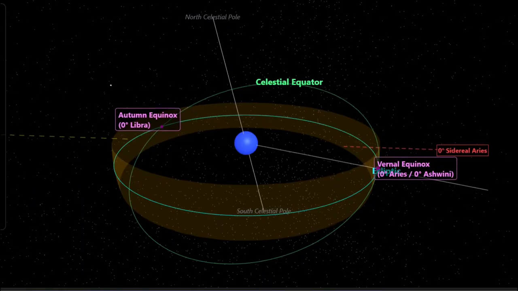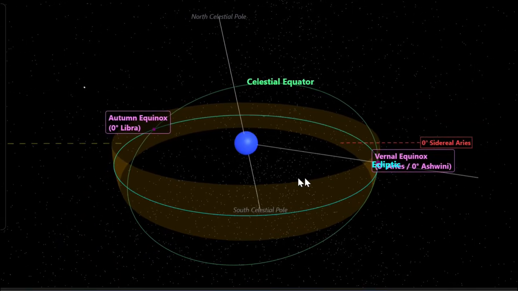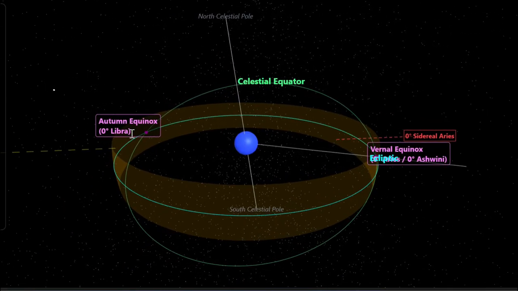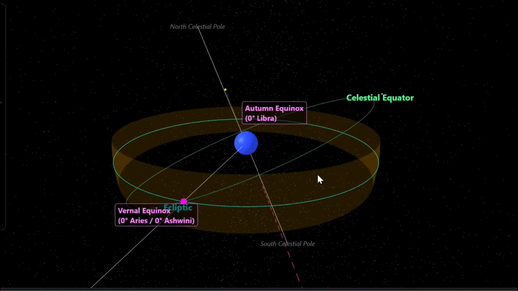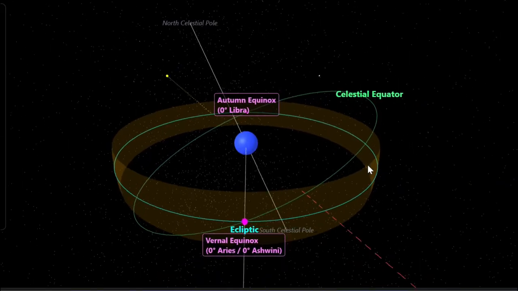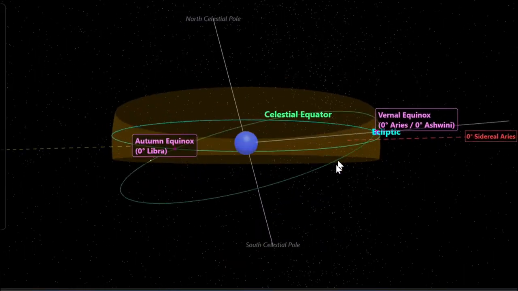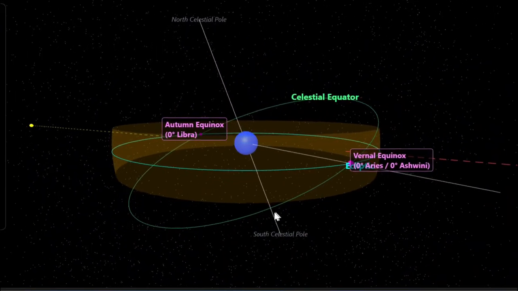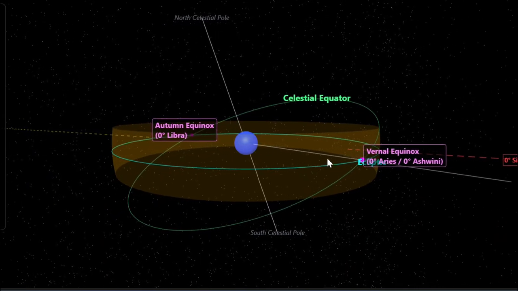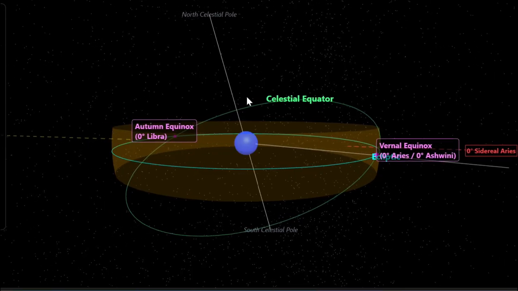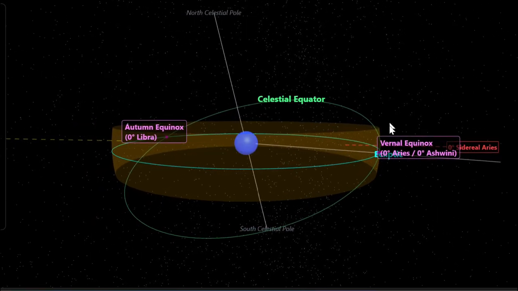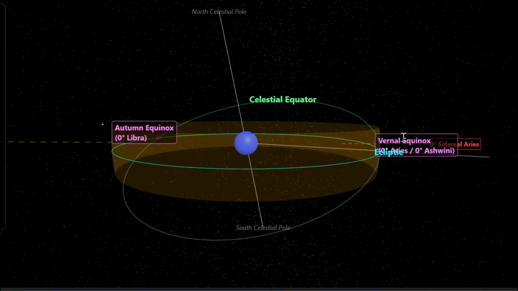Now, do you know what is equinox, vernal equinox, and autumn equinox? For now, you remember this diagram in this app. This one is the celestial equator, and this one is the ecliptic.